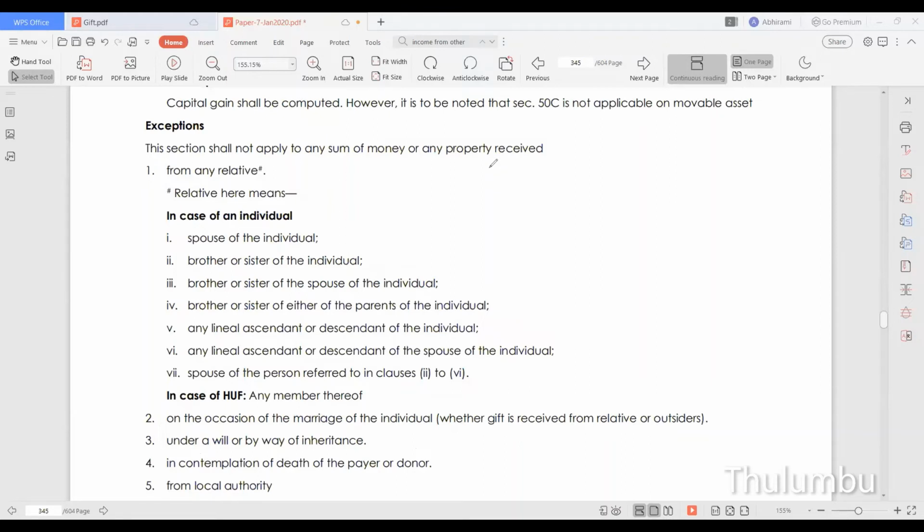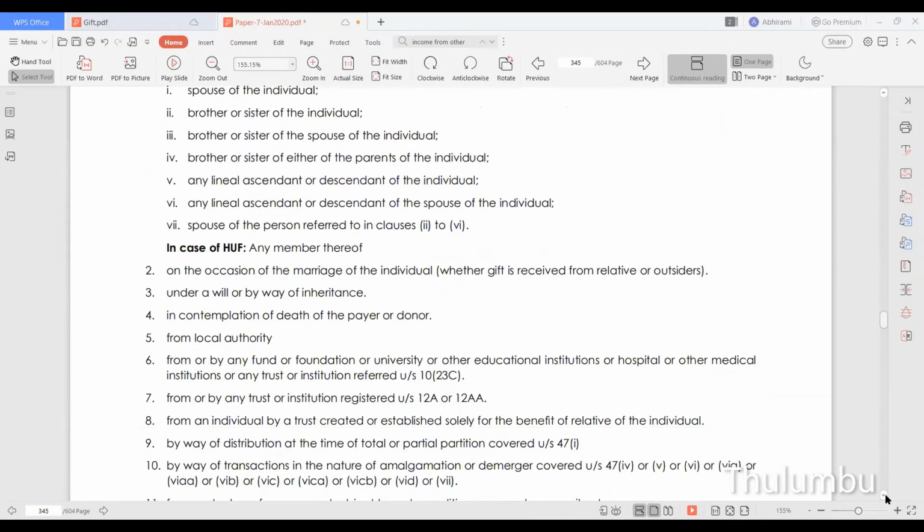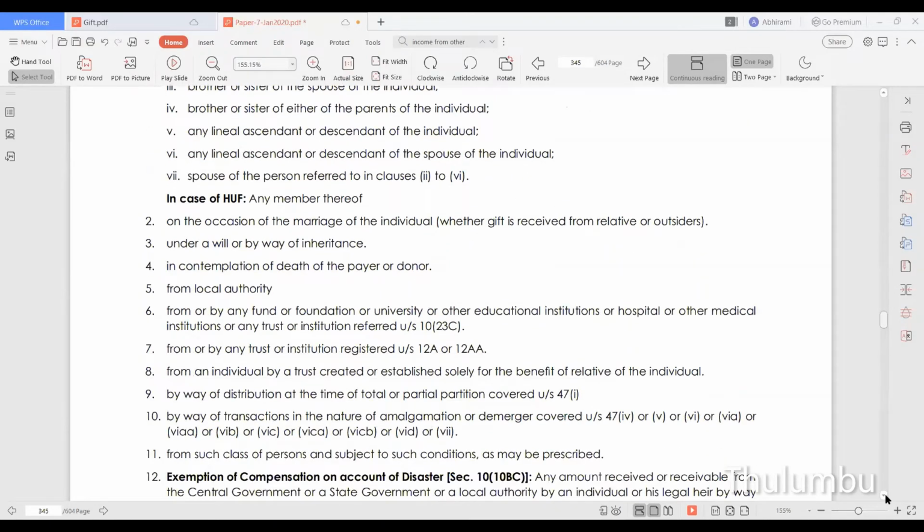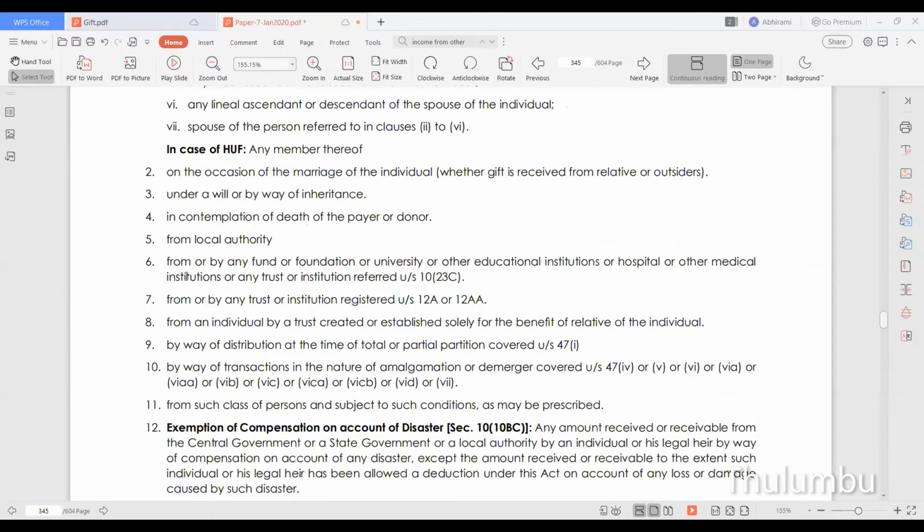From local authority. So received from local authority is exempted. From any fund or foundation. So இது வந்து பாத்தீங்கன்னா educational institution, hospitals. So அவங்க ஏதாவது fund receive பண்ணாங்கன்னா it is also exempted.